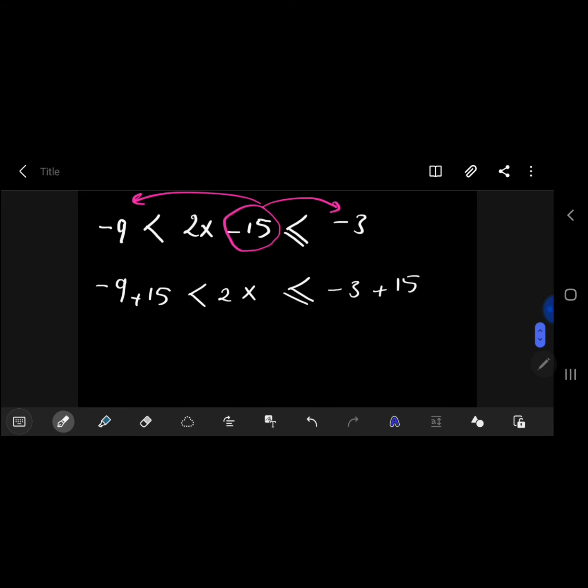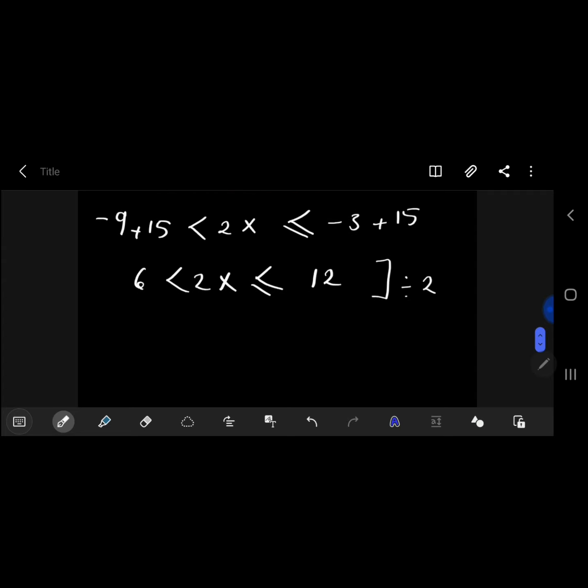So here it's equal to 6, smaller than 2x, smaller than or equal to 12. Now, if I want to get rid of the factor of x, I will divide the whole equation by 2. Now 6 over 2, 2x over 2, 12 over 2 is equal to 3 smaller than x, smaller than or equal to 6. So here, the first value I found.